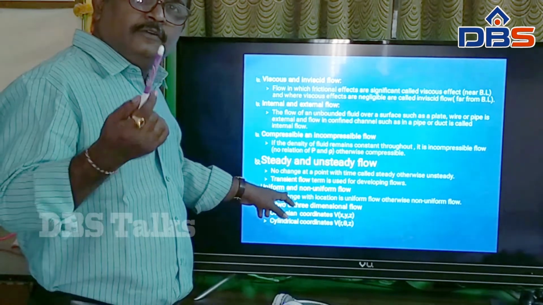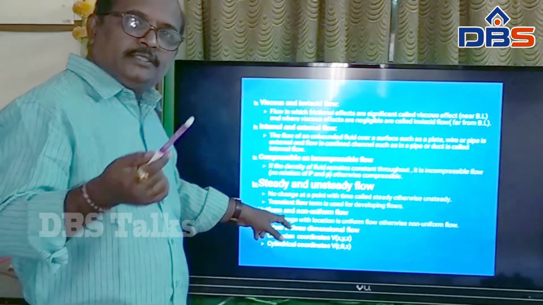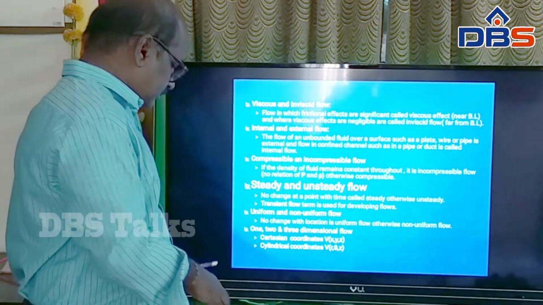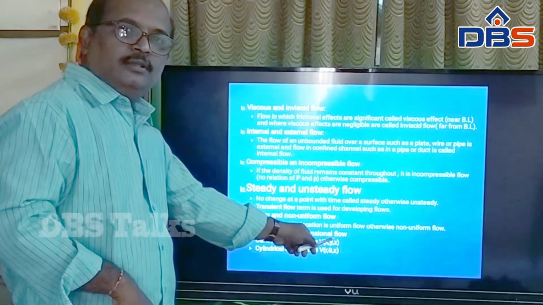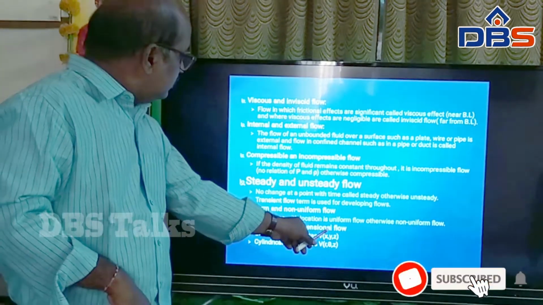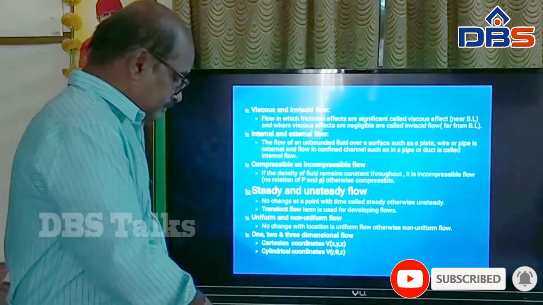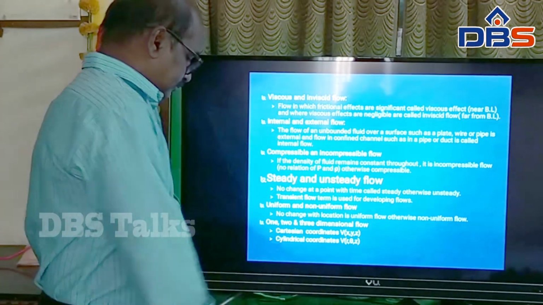If the flow is a function of x, y and z, it is called a three-dimensional flow. Sometimes we use Cartesian coordinates and sometimes we use cylindrical coordinates for some objects.